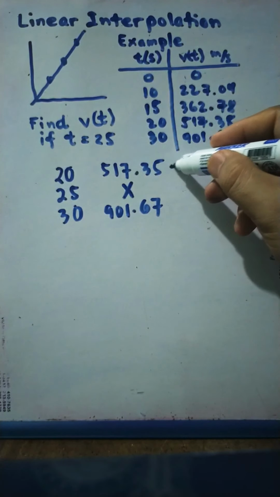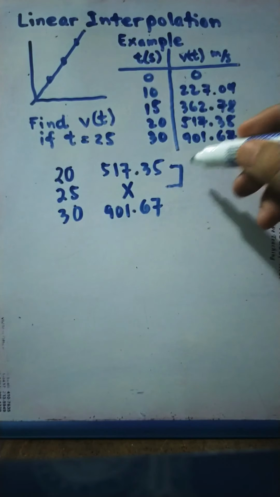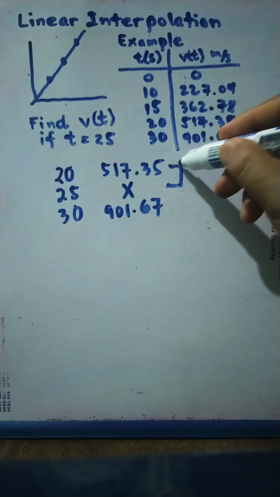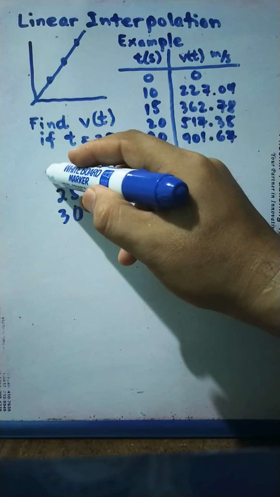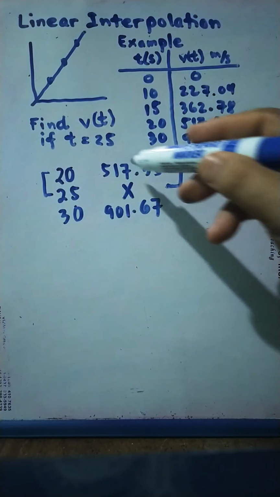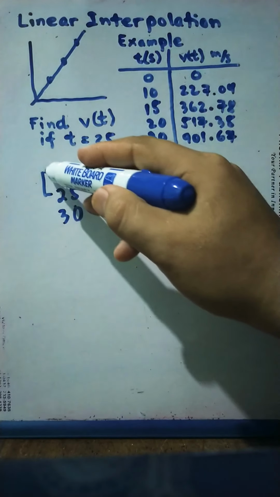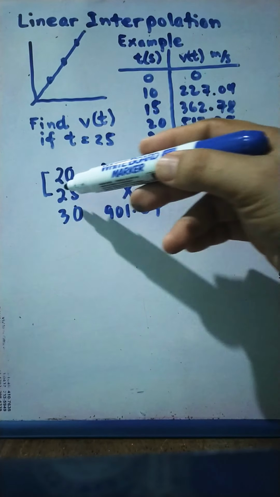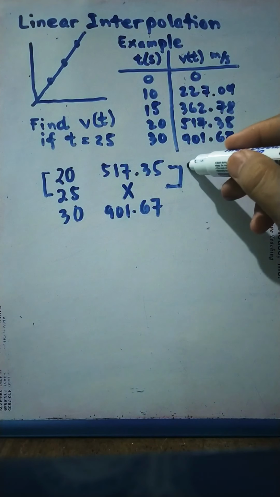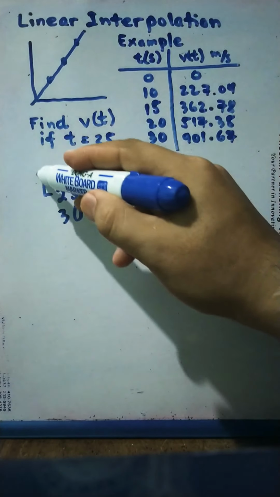Using interpolation, this is unknown. I will draw a line here, and then I will also draw on the other side. This is a combination of the velocities, and on the other side is the time combination.